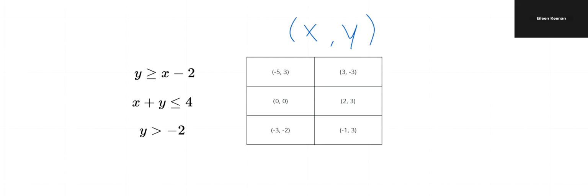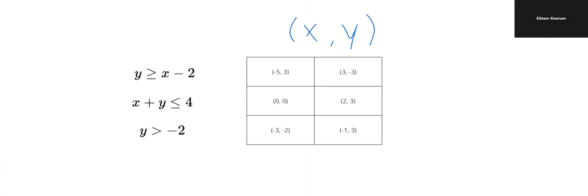To check if these points are part of the solution to these inequalities, the way to find out is by plugging them into each equation. If it checks out for each equation, then it is part of the solution. But if it doesn't check out for even one of them, then it's not part of the solution.